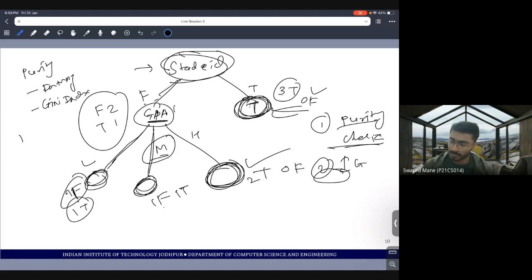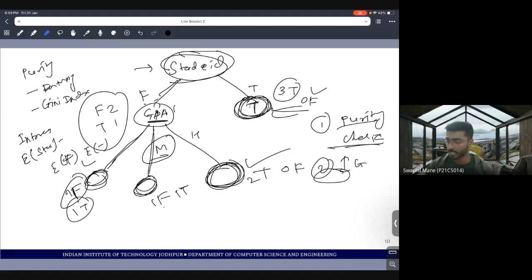For information gain, which we have already discussed, we calculate the entropy of studied, minus the entropy of the positive split and the entropy of the negative split. Let's discuss this purity and entropy in detail while solving the question here.